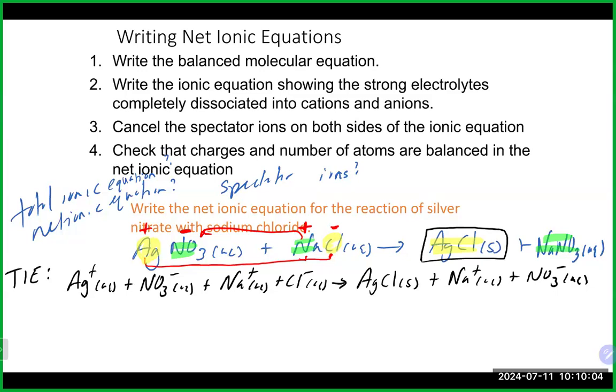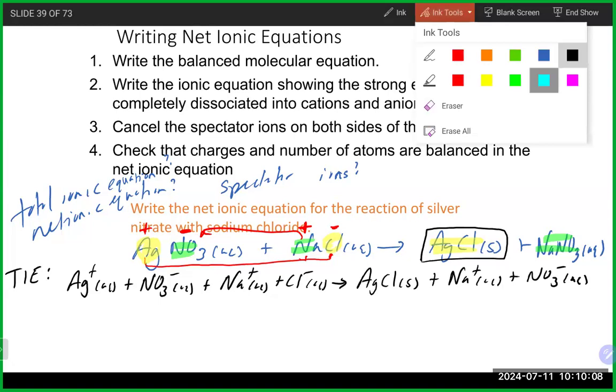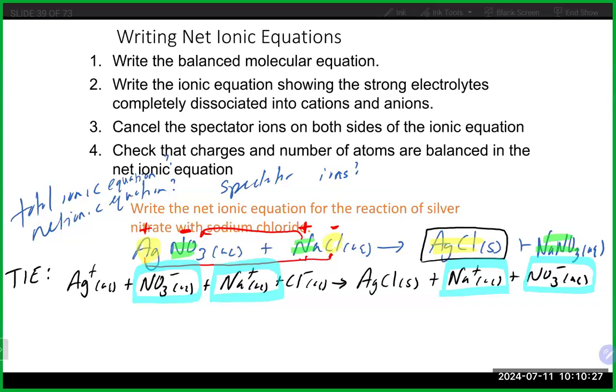Now, again, it is always really kind of the total ionic equation where we can look on both sides of the arrow and we should see, again, ions that look exactly the same. And in this case, we have nitrate, and we have sodium and sodium in this case. And these guys, again, are going to be our spectator ions.